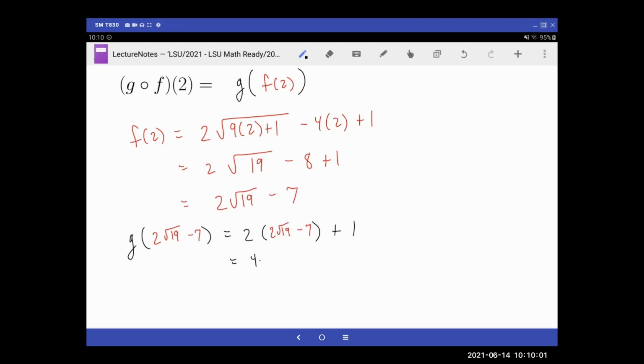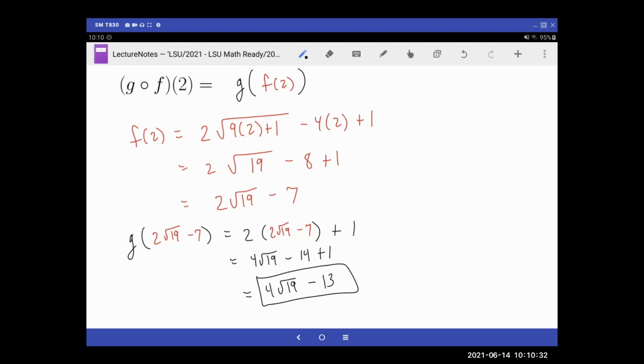That would be 4 the square root of 19 minus 14 plus 1. And then negative 14 plus 1, of course, is negative 13. Okay, so there we go. That would be the composition. Now, to go from one function, find the output, and then use that as the input of the next function, that's one way to do it.